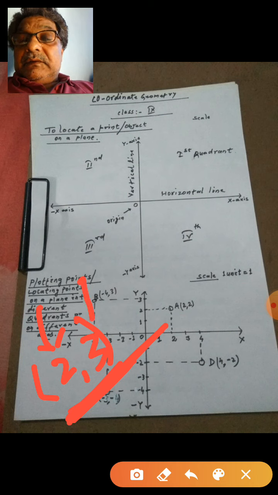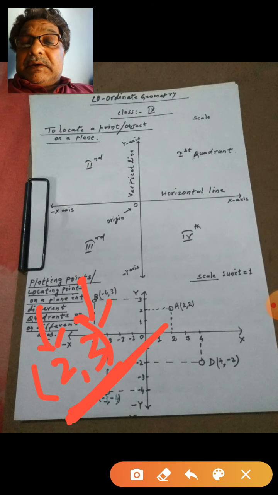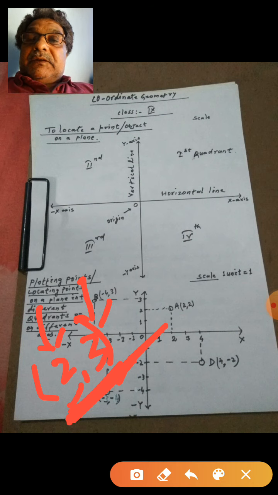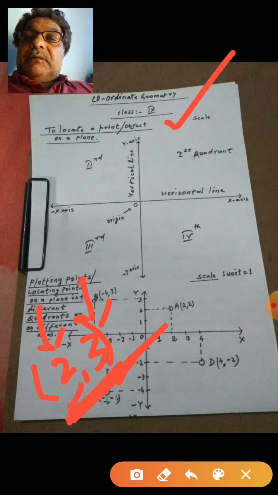The second value is called the y coordinate, whose other name is ordinate. Together, as a whole, they are the coordinates of a point. So, students, it is clear that coordinates of a point means two values inside a small bracket with a comma between them.